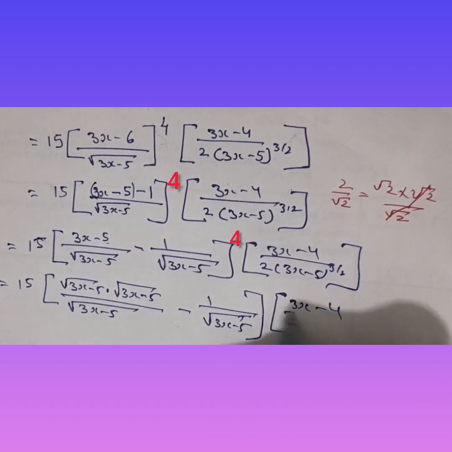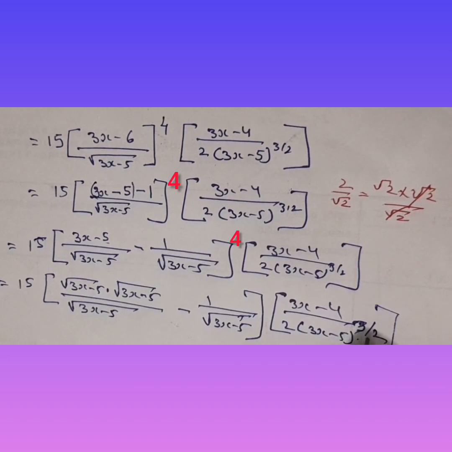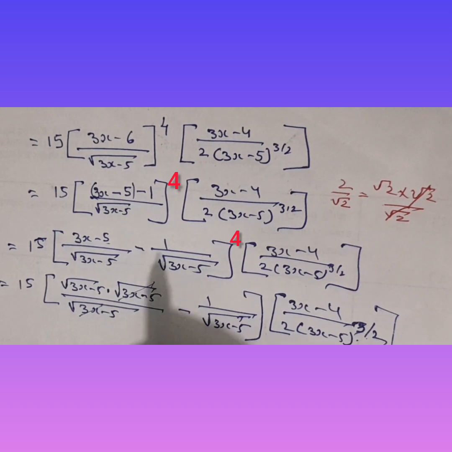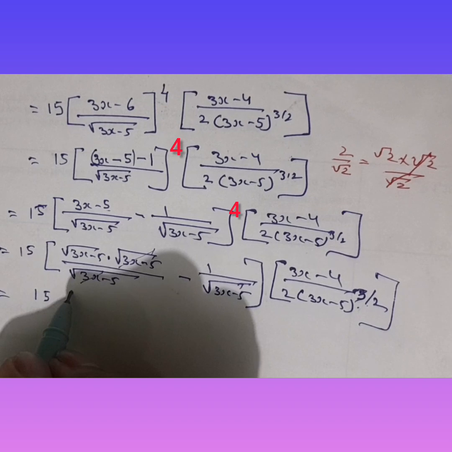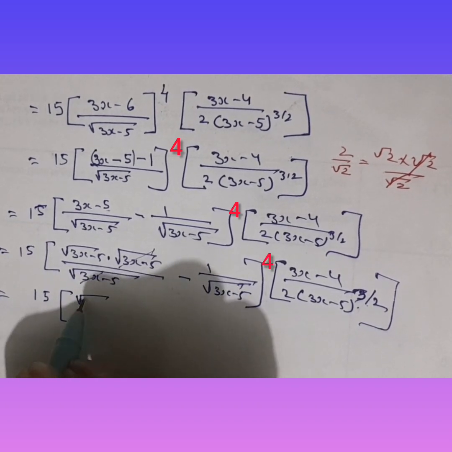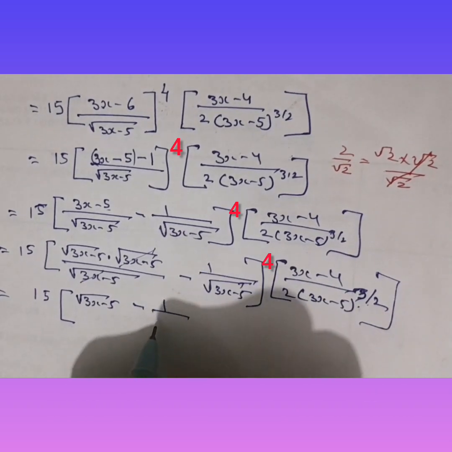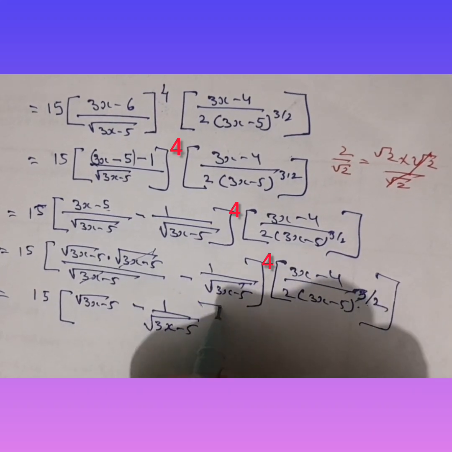3x minus 4 upon 2 into 3x minus 5 raised to 3 by 2. Alright, this is raised to 3 by 2. So obviously this and this cancel, so our final answer ultimately comes to root 3x minus 5 minus 1 upon root in this bracket.